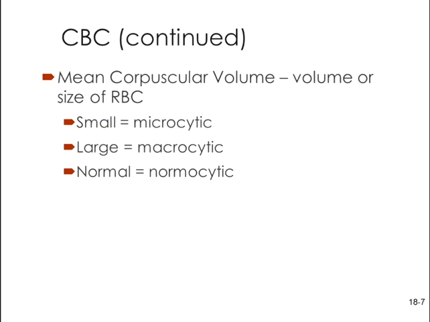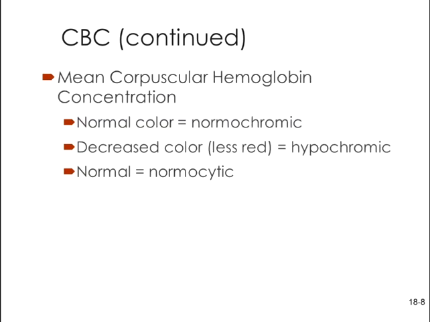And if it's too big, we would say it's macrocytic. So it's just a way to differentiate the size of the red blood cell. We also have a way to differentiate the color, and what determines the color, remember in your hemoglobin, you had those 4 chains, the 2 alpha and 2 beta chains, and that's what contributes to the color of the red blood cell.